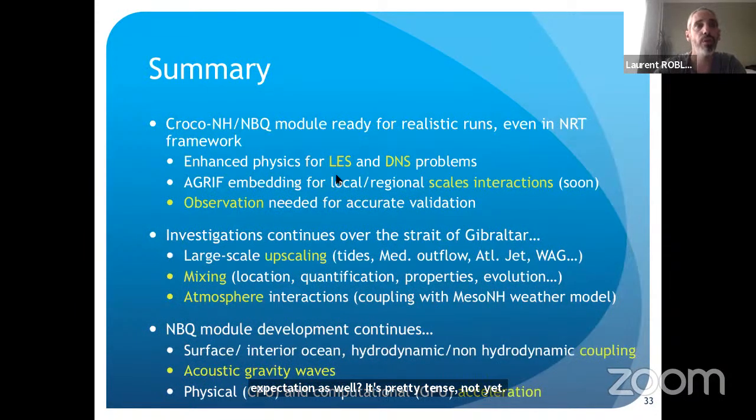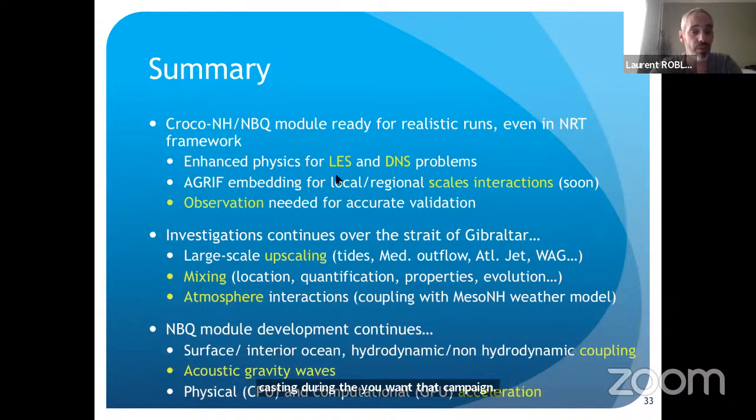So in conclusion, the CROCO NBQ non-hydrostatic module is ready for realistic runs, analyzing events even in real time. We have used this capability for forecasting during the Gibraltar campaign.